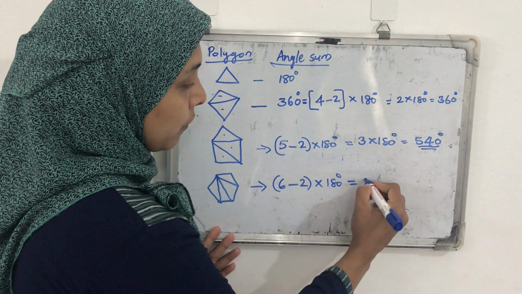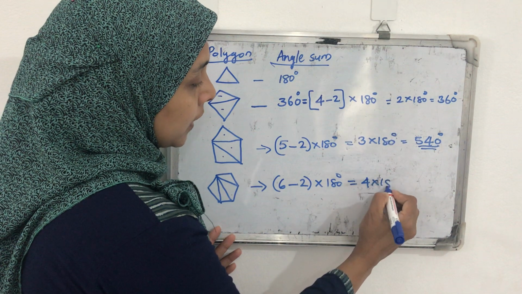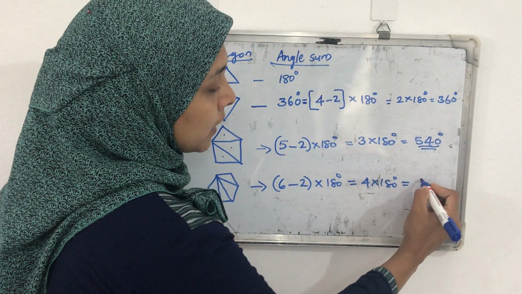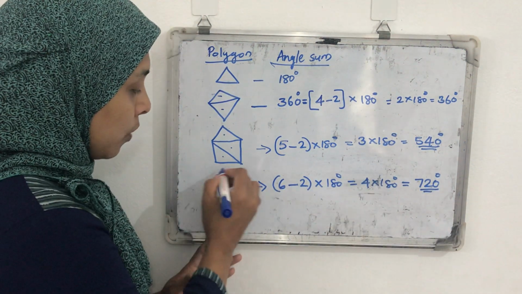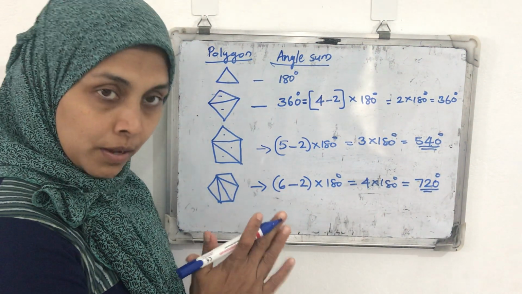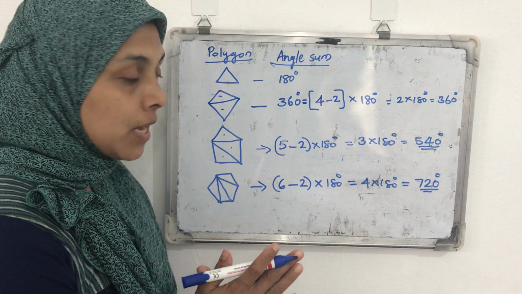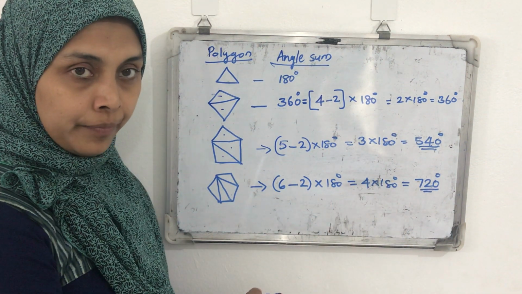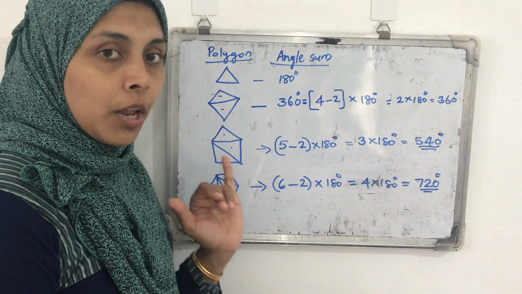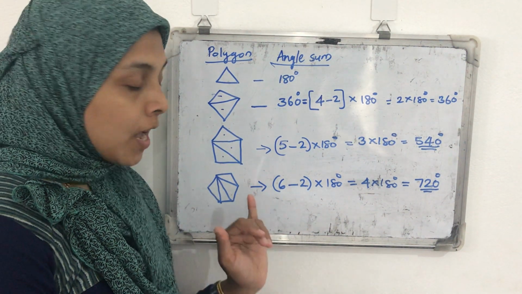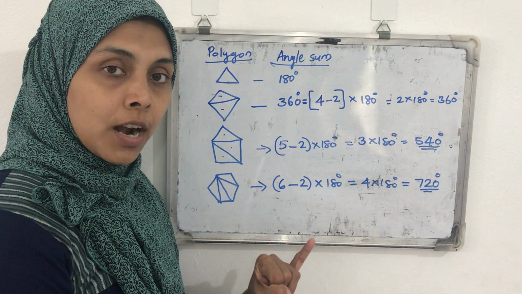So it will be 4 into 180, which is 720 degrees. So the sum of the angles of a hexagon is 720 degrees. That much we want to know. For a quadrilateral 360 degrees, for a pentagon 540 degrees, and for a hexagon 720.